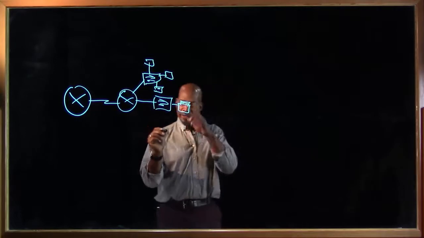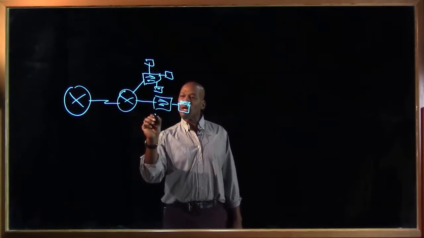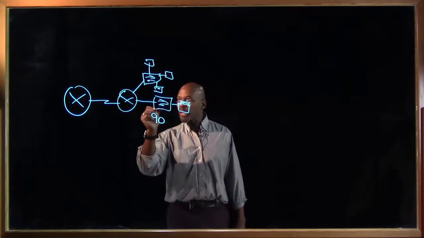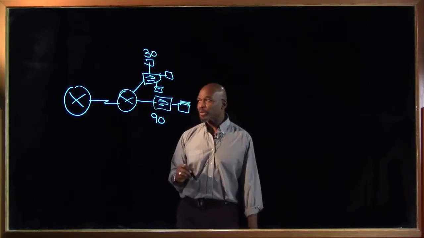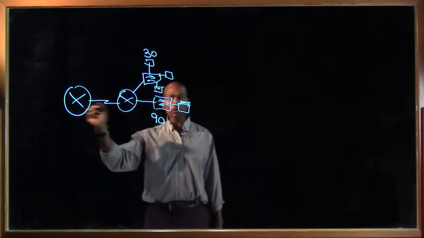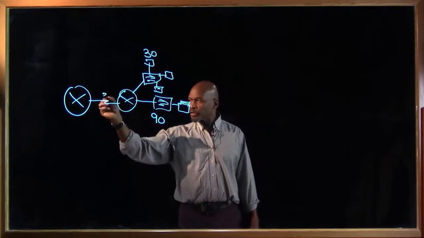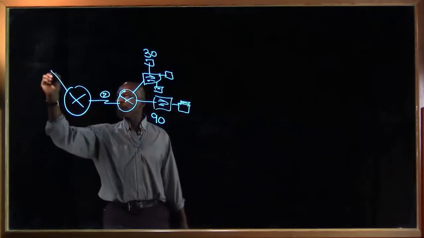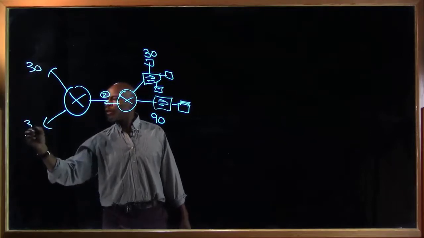Let's say that on this side of the network you need at least 90 hosts connected, and on this side 30 hosts. Also notice this is a point-to-point connection, which needs two IP addresses. And on this side, we're going to need 30 and we're going to need 30.